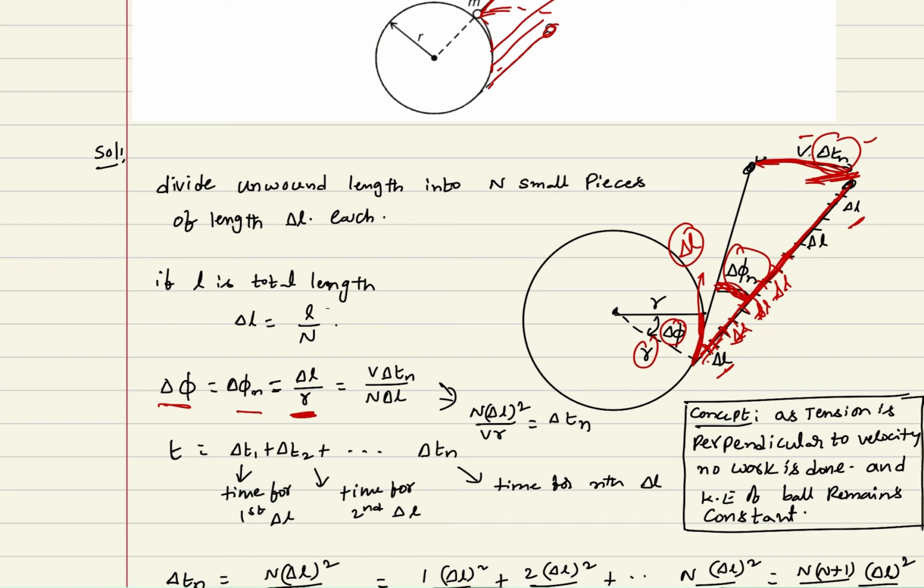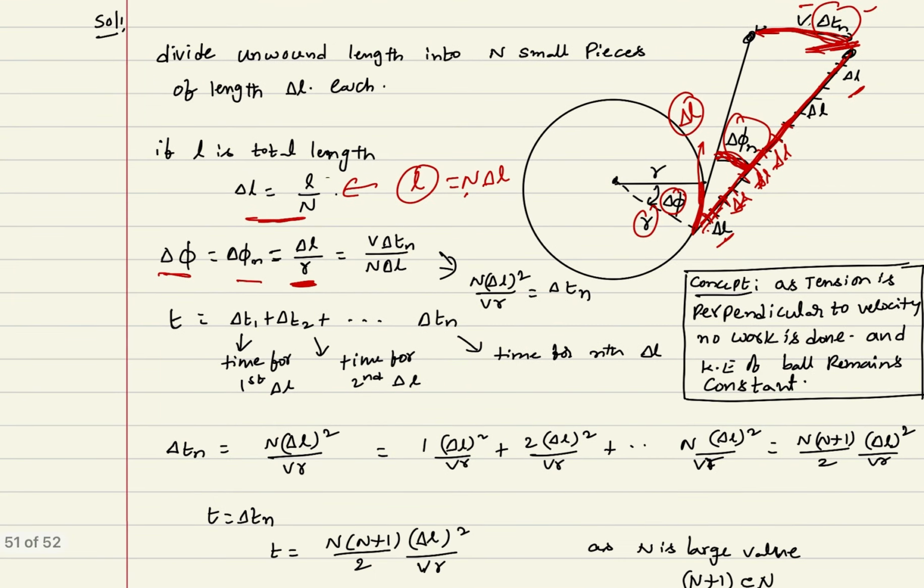Delta Tn is the sum of all the times for delta L1, delta L2, delta L3, and so on. The total length is L, which can be written as n into delta L. From there, delta L is L divided by n.